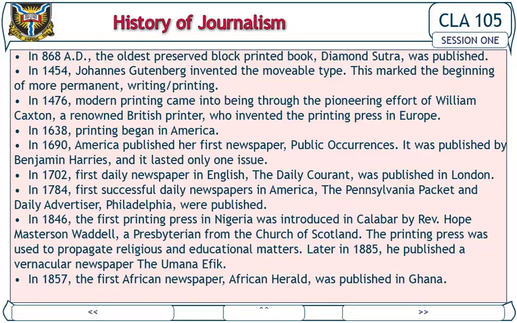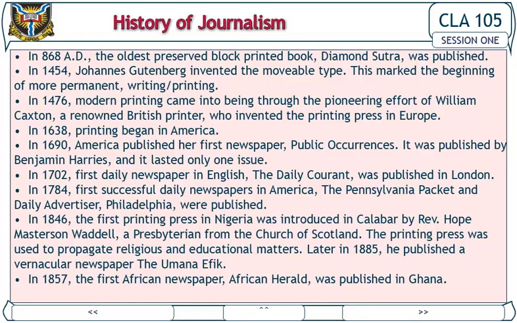It was published by Benjamin Harris and it lasted only one issue. In 1702, the first daily newspaper in English, the Daily Courant, was published in London. In 1784, the first successful daily newspaper in America, the Pennsylvania Packet and Daily Advertiser, Philadelphia, was published.